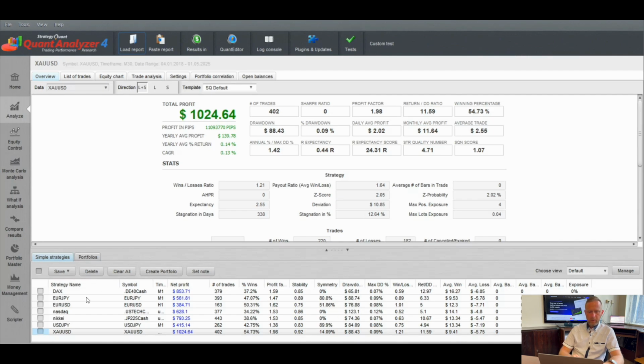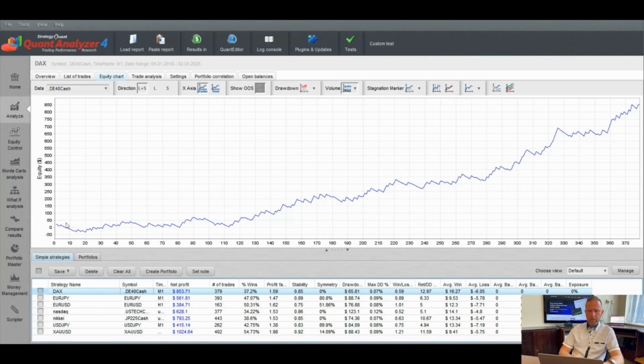When I look at individual equities, it can be seen that in certain periods, those individual components of the portfolio, sometimes even one year, may show no profit, and the next year they perform beautifully.